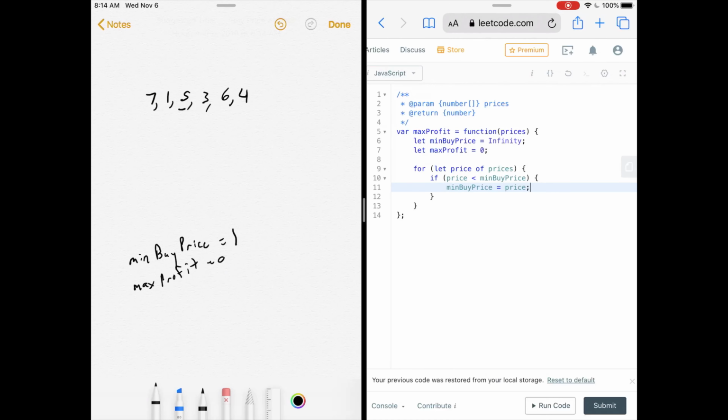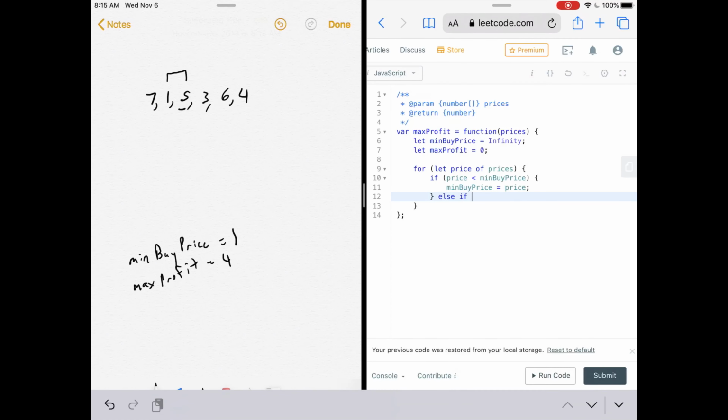But now we have to ask another question. Should we sell at this price? Well, if we sell at this price, the difference between $5 and $1 is $4. So yes, we should sell and make that profit. So we'll update our max profit to $4. We'll just put this in our diagram. And in code, that would look like this.